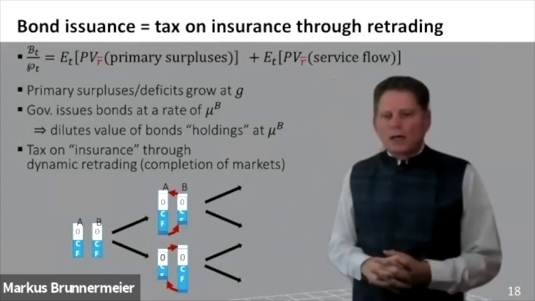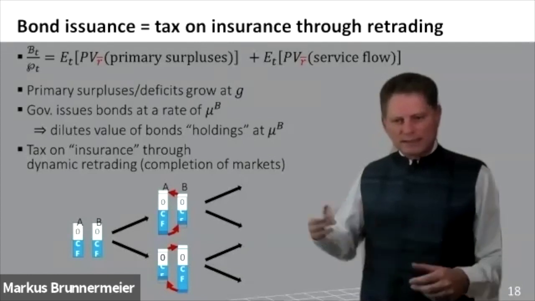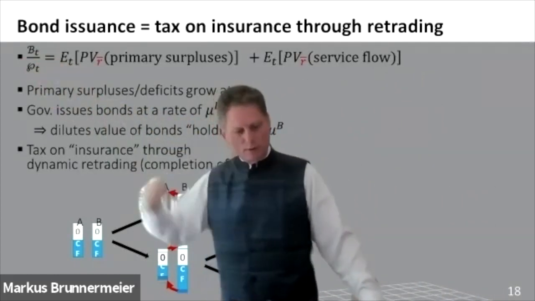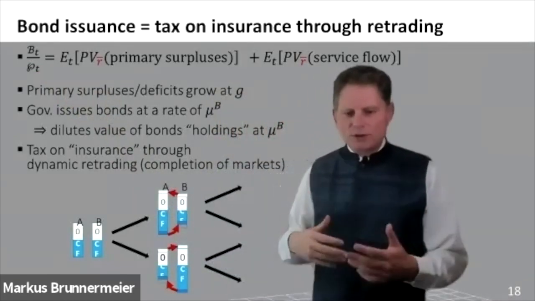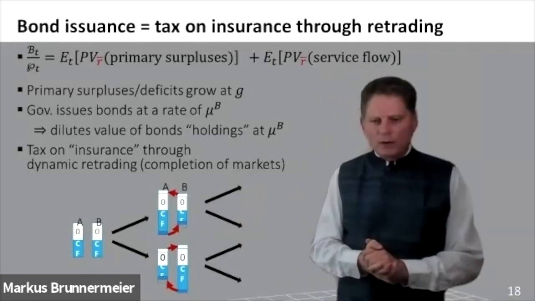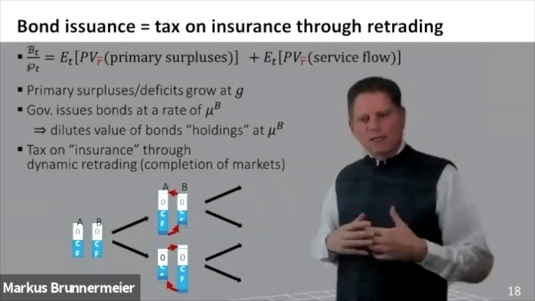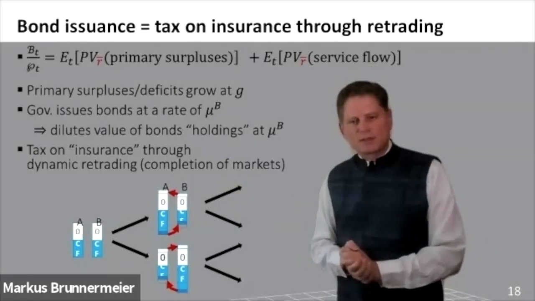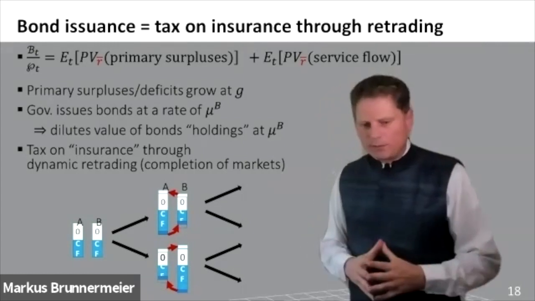Now, how many new bonds the government is issuing affects the value of all government bonds outstanding. If the government is issuing new bonds, it dilutes the value of the existing bonds. And of course, people anticipate the government will issue new bonds because the CBO projections say the government will have to issue more and more bonds given the primary deficits coming up, and this dilutes the value of the bonds.